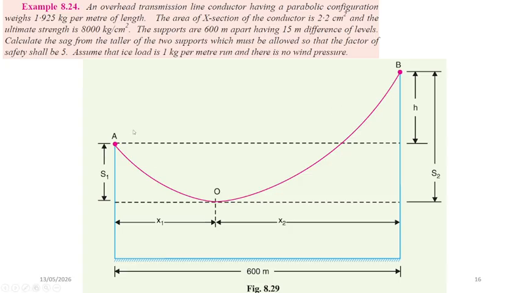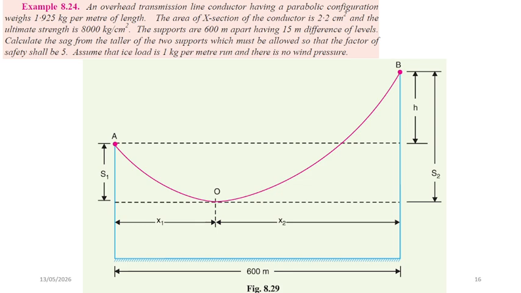You can see this is a parabolic curve with a weight of 1.925 kilograms per meter of length, while additional ice loading of 1 kilogram per meter is considered, and wind pressure has been neglected. The span length between supports is 600 meters, with a height difference of 50 meters. So h is equal to 50 meters.